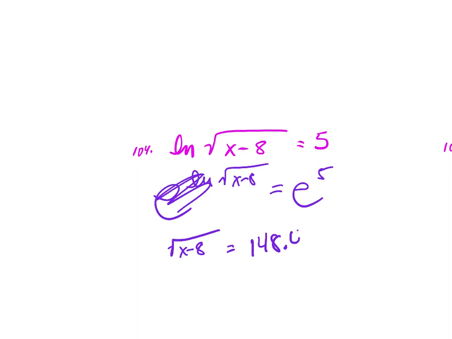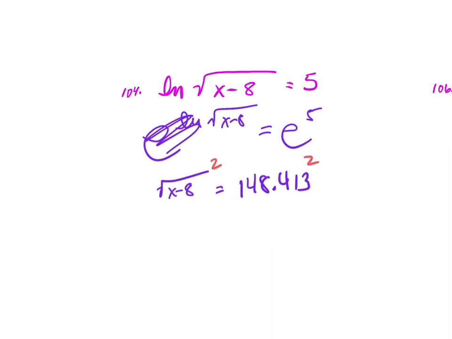148, and then we'll say 0.413. So now, guys, in order to get the square root to go away, you got to square both sides. Doesn't matter that it's a crazy decimal. That's no worries. So I get x minus 8 equals, I'm going to square this side. Oh, I took the square root. Whoops. So 148.413 squared.